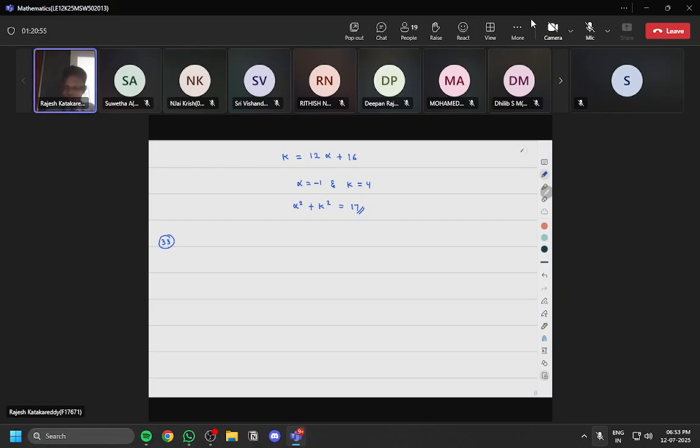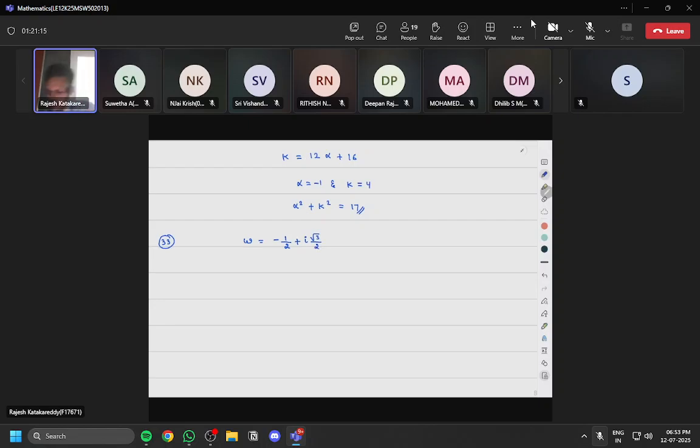Please stay quiet. Problem 33: matrix A is given, matrix B is equal to A minus identity. They have given omega, the complex cube root of unity, minus 1 by 2 plus i into root 3 by 2.